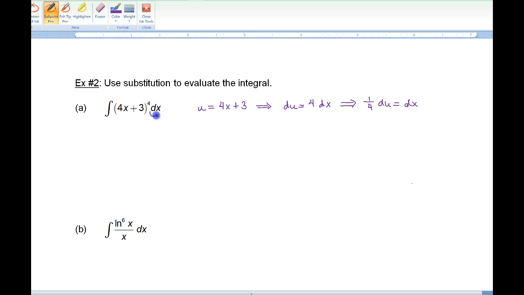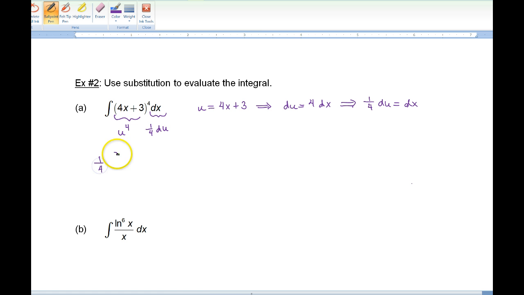This is u to the 4th. I think we're okay with that, right? But dx, when I look at dx, it was really du divided by 4, because du is 4 dx. So I'm going to replace this with 1/4 du.